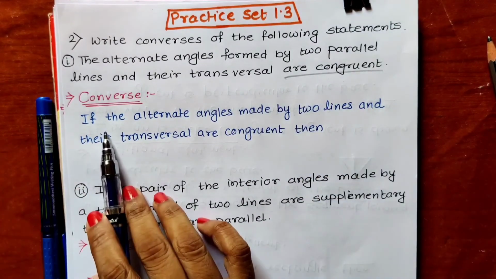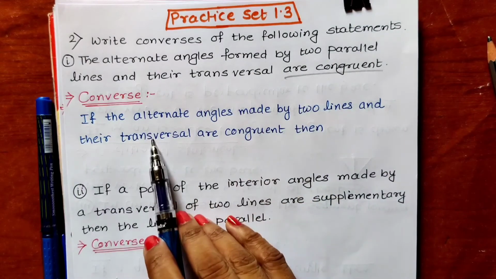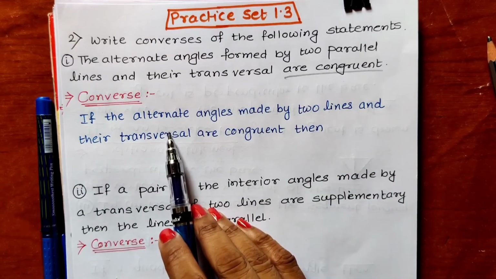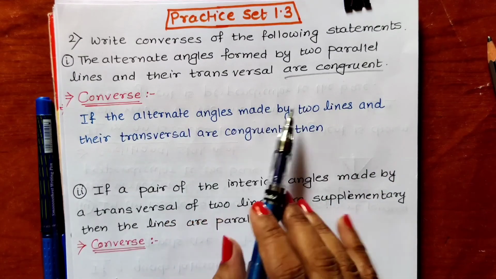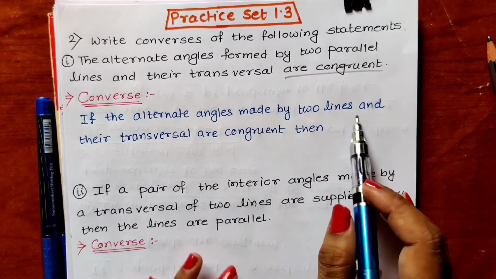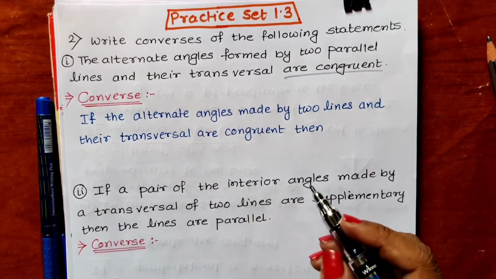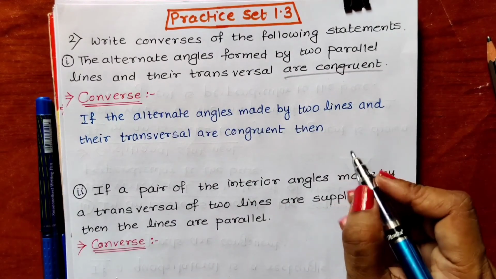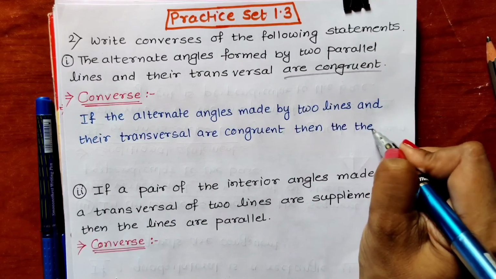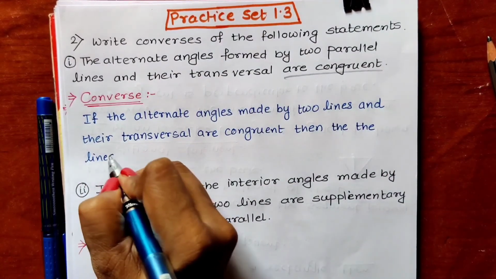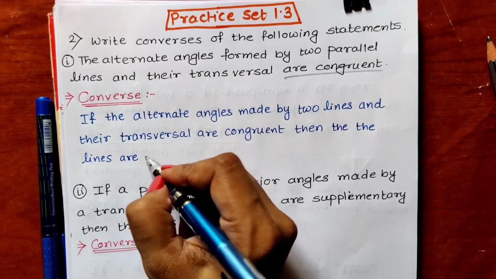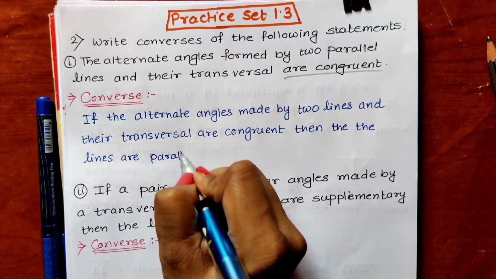So we have written the consequent as antecedent now. The result is written as question now. Okay, the answer is written as question now. So if the alternate angles made by two lines and their transversal are congruent, then what will be its answer? Then those two lines will be parallel to each other, correct? So we should write then the lines are parallel lines, correct? Or lines are parallel to each other.